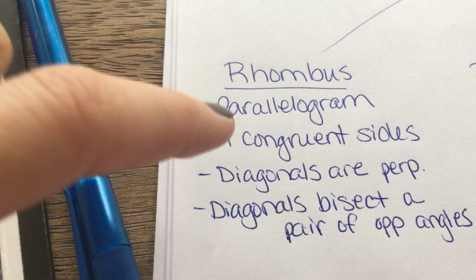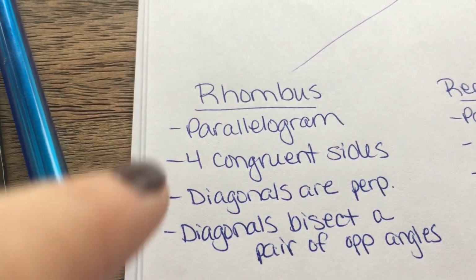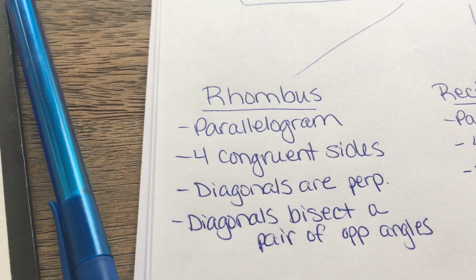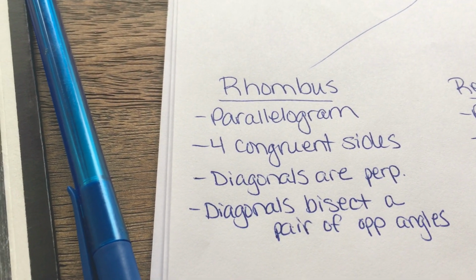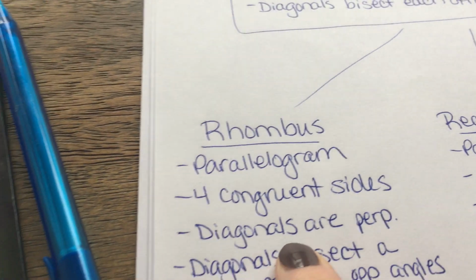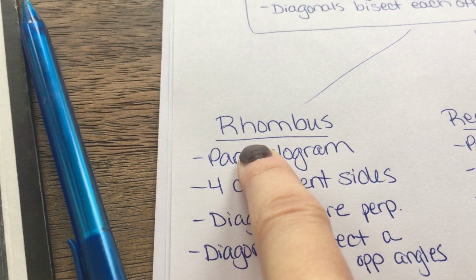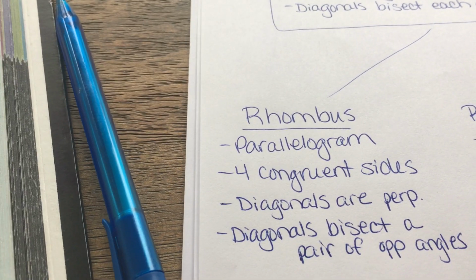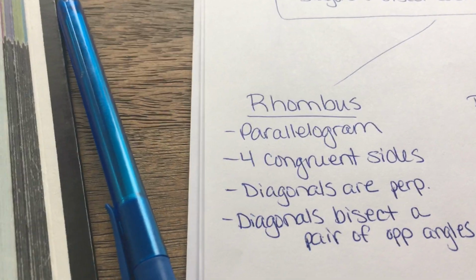So I'm going to go back over to my chart. I hope I don't make y'all seasick. But remember, here's the rhombus. And one of the things that a rhombus will always have is that its diagonals are perpendicular. If you have a rhombus, you automatically know the diagonals are perpendicular. Well, in 6.5, we're doing the converse of that.